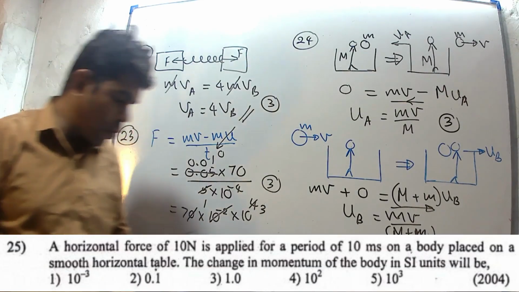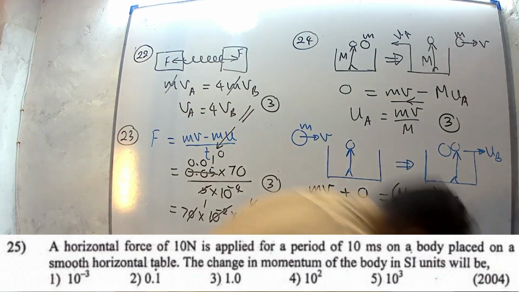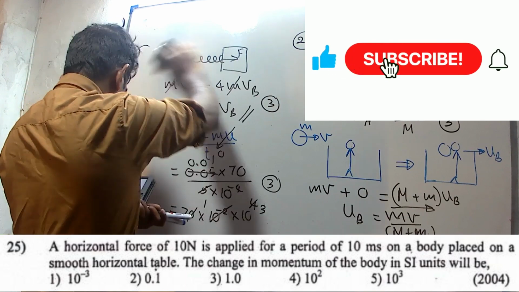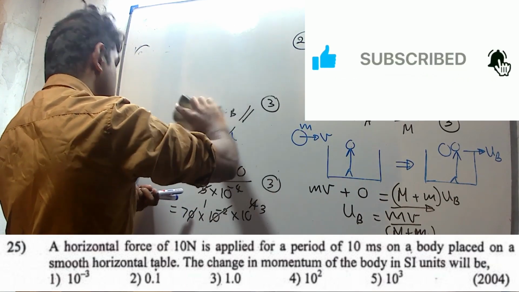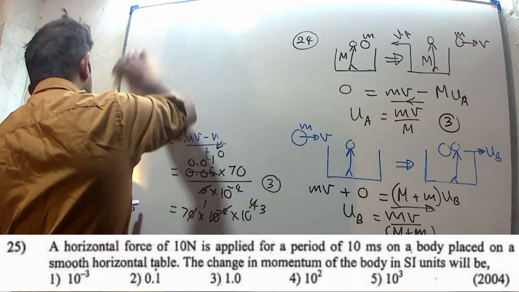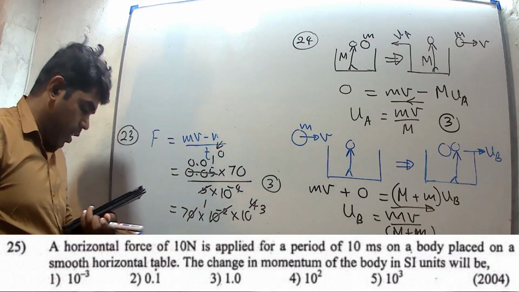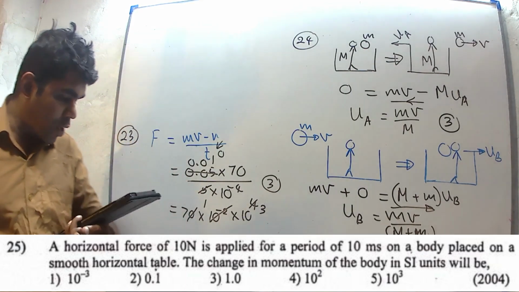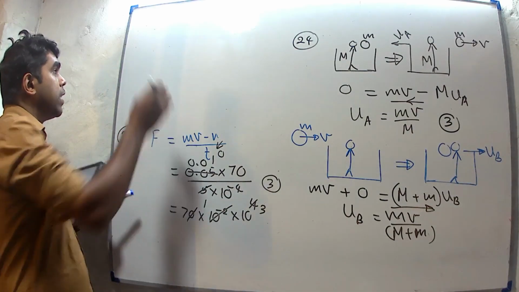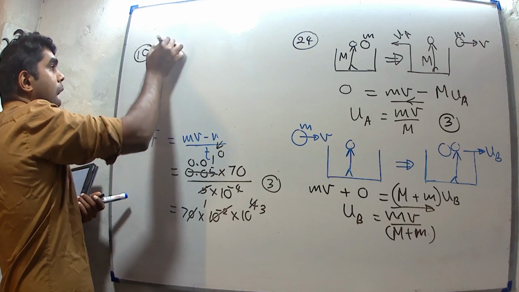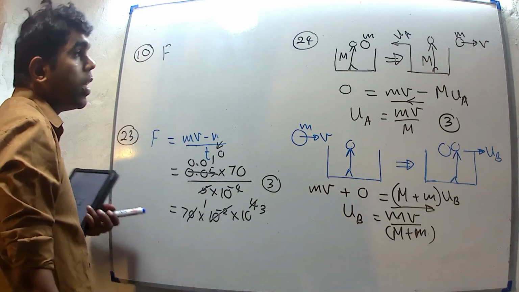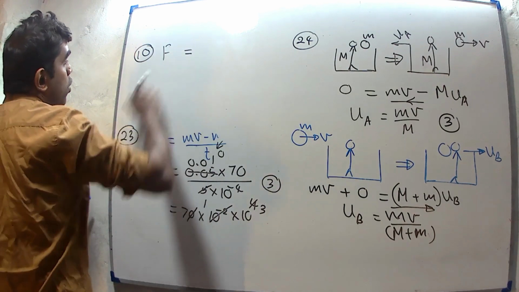25. A horizontal force of 10 Newton is applied for a period of 10 milliseconds on a body placed on a smooth horizontal table. The change in momentum of the body in SI unit will be? We know that the product of force and time should be equal to change of momentum.